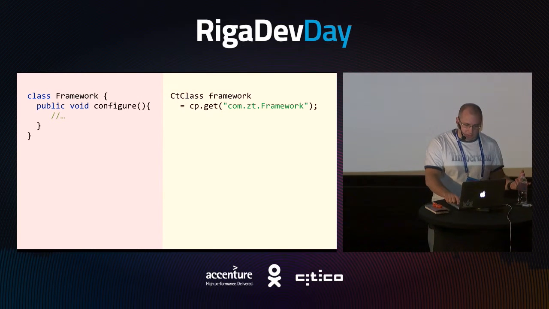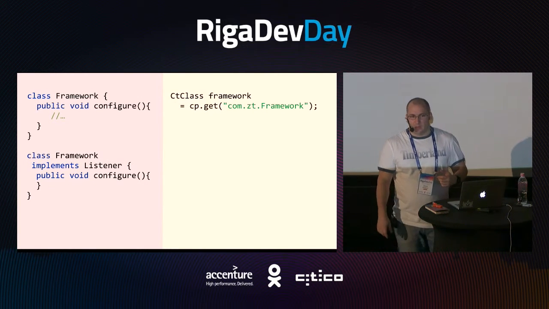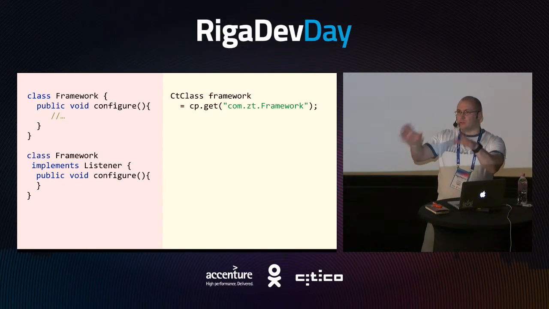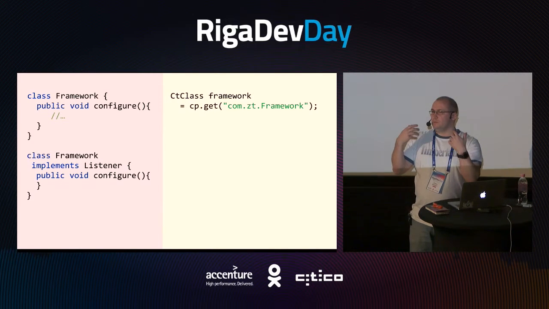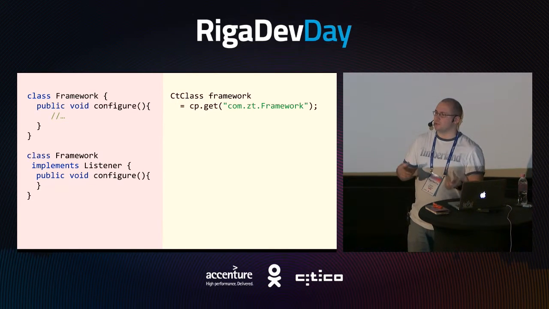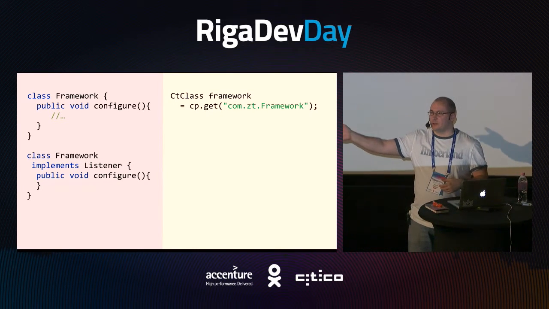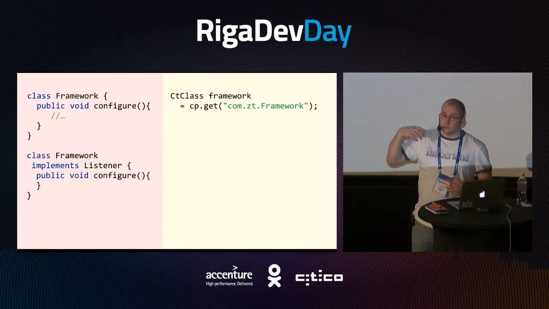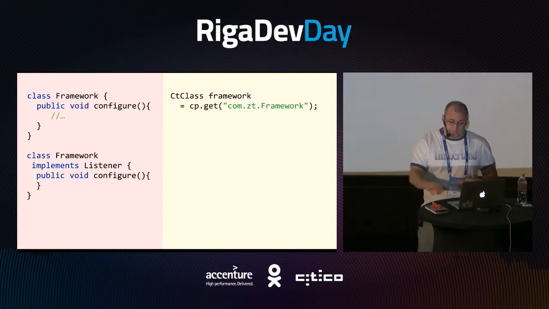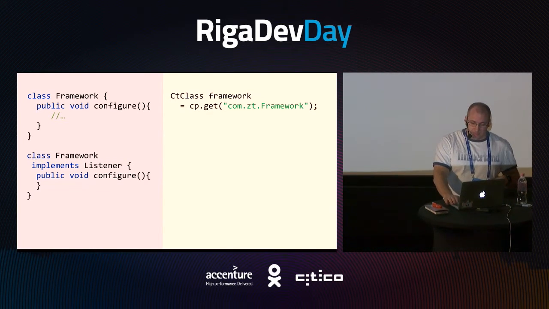So what we need is to say that, okay, this internal class of a framework is now a listener of the changes, so that the core would be able to notify that listener, and that listener will reconfigure the framework, refresh everything.